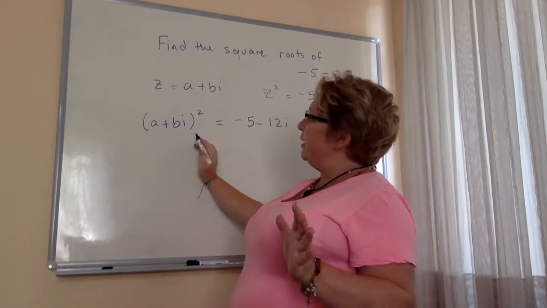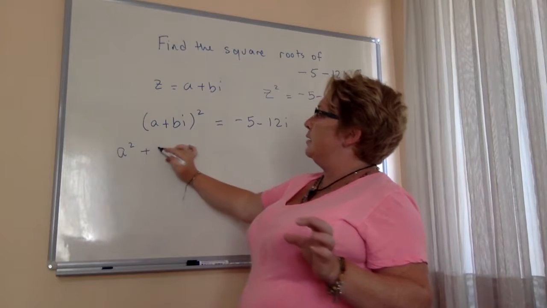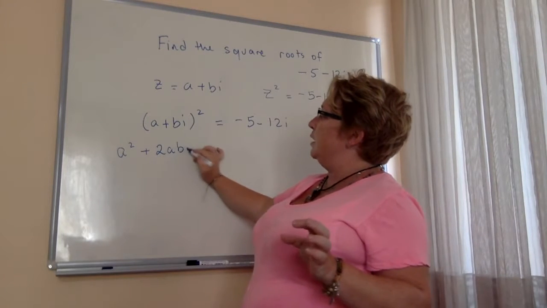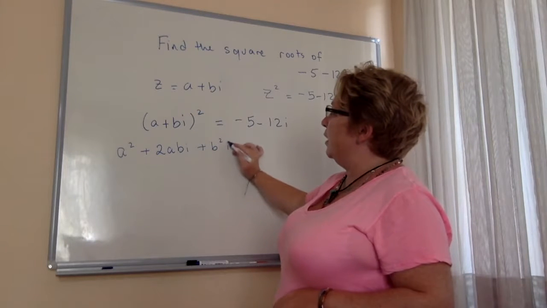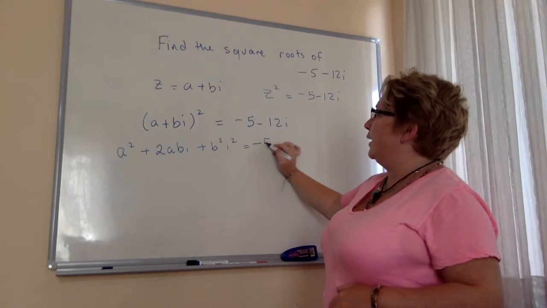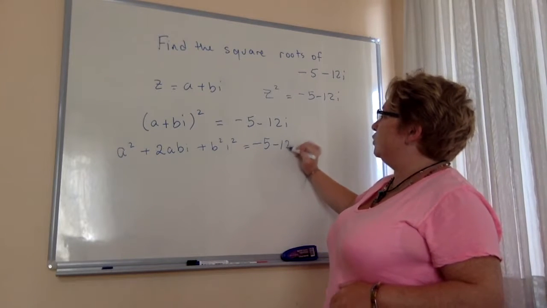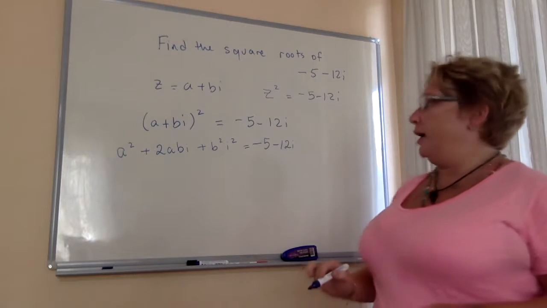So when I square a plus bi, I get a squared plus 2abi plus b squared i squared. And I want to set this equal to minus 5 minus 12i. Okay?